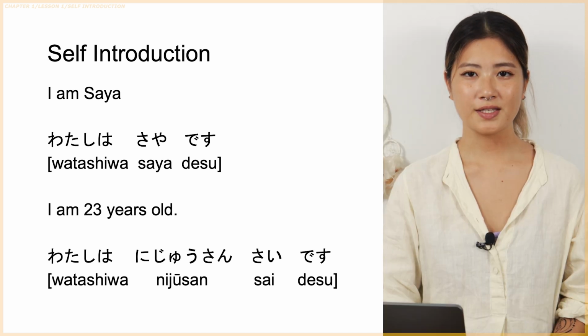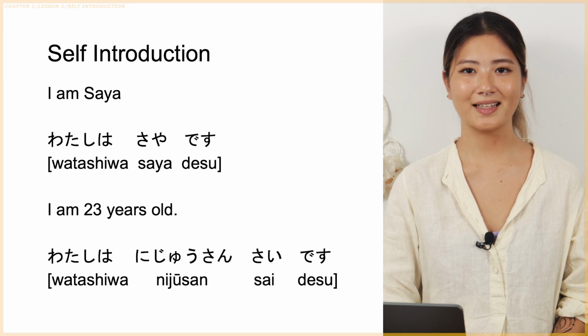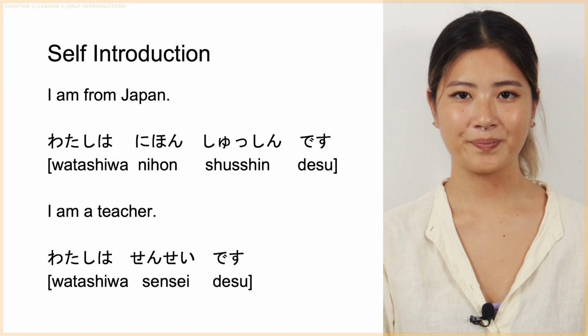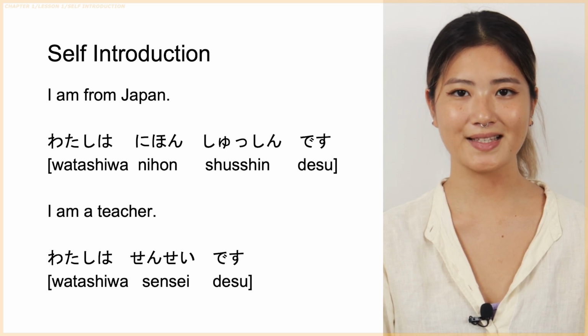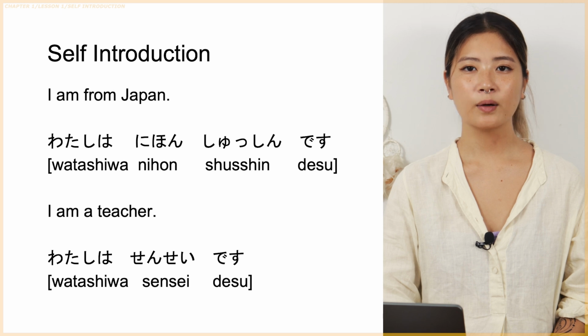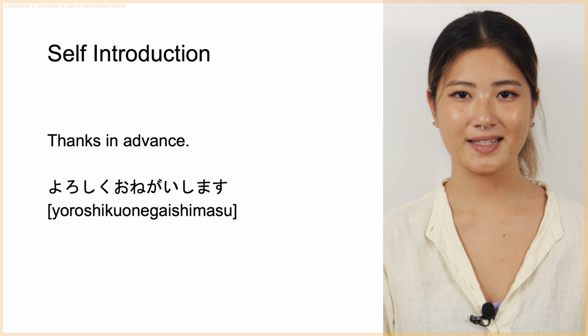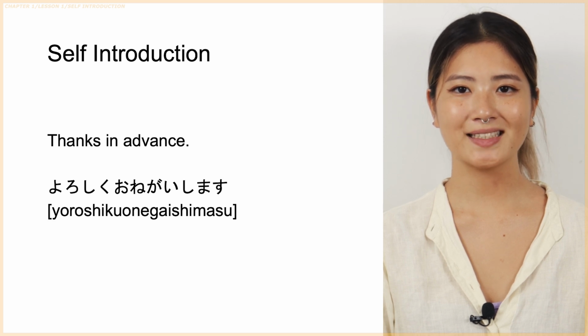I am 23 years old. 私は23歳です. I am from Japan. 私は日本出身です. I am a teacher. 私は先生です. Thanks in advance. よろしくお願いします.